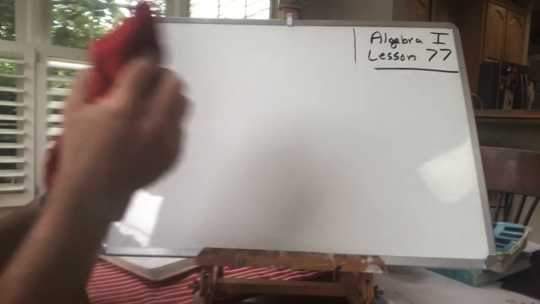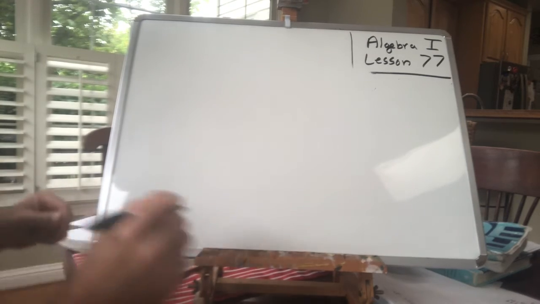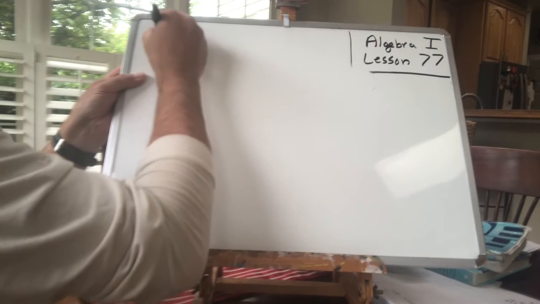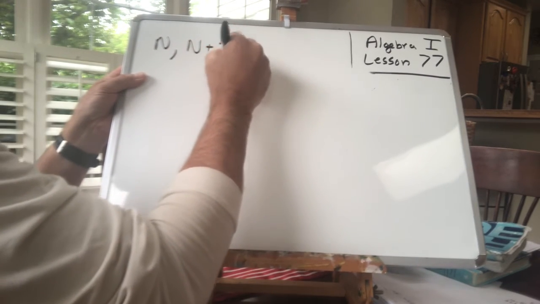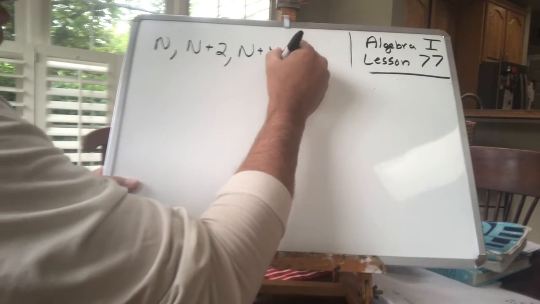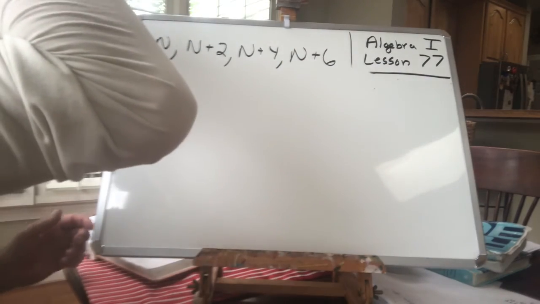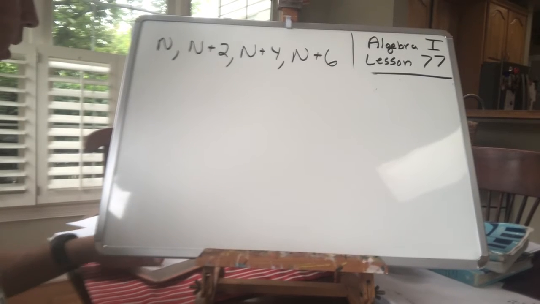All right, next example, I'm going to go to 77.3. It says find four consecutive odd integers. We still have n. We have n plus 2, n plus 4, and n plus 6. That's four consecutive, and it's going to work out to be odd integers.